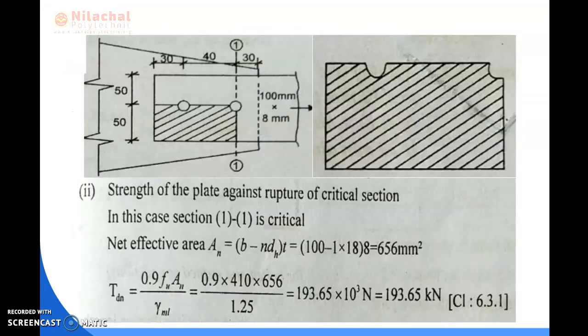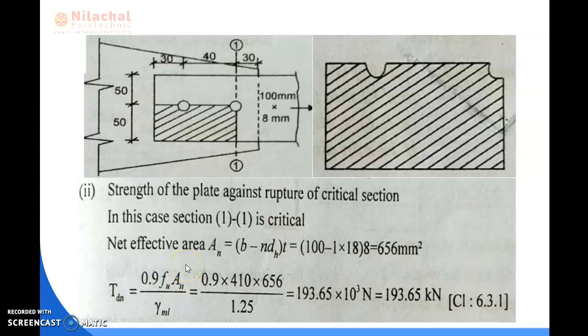Next is the rupture strength of the plate section. The formula is Tdn equal to 0.9 Fu An divided by gamma m1. Fu we know is 410 Newton per mm square, and An is the net effective area of the plate section.